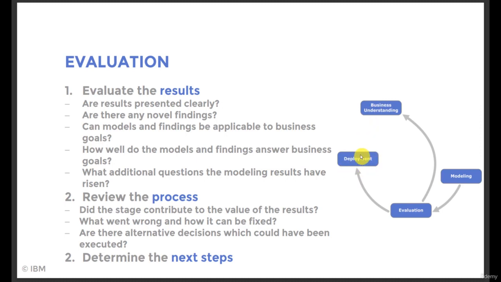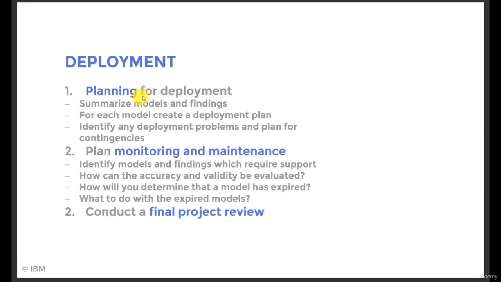We deploy it, and there are different ways to deploy, through the machine learning pipelines and data science project pipeline. So in this way, we evaluate our model and finally we deploy our model. So we summarize model findings, we plan for the deployment, and if the deployment is done, we plan monitoring and maintenance of the model.